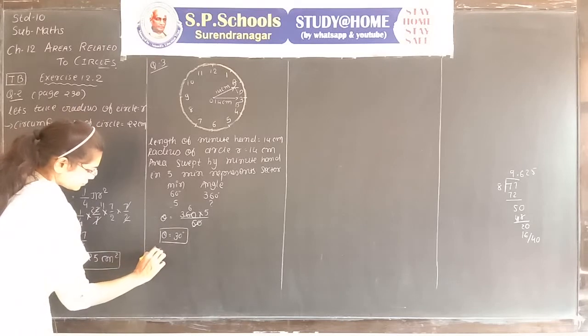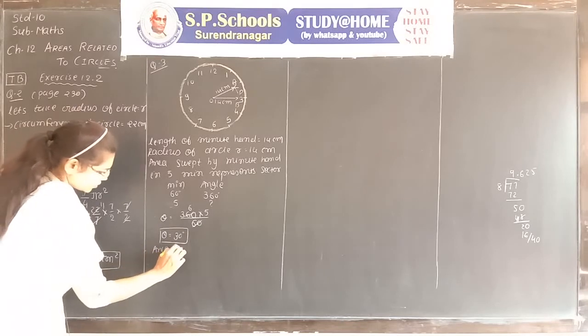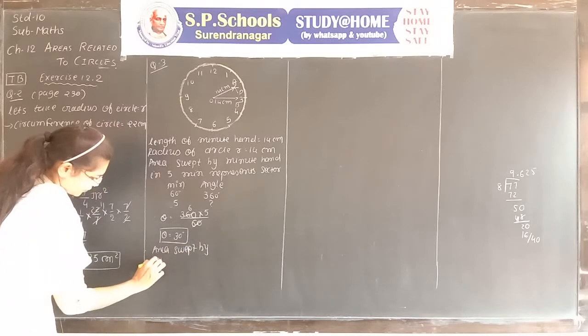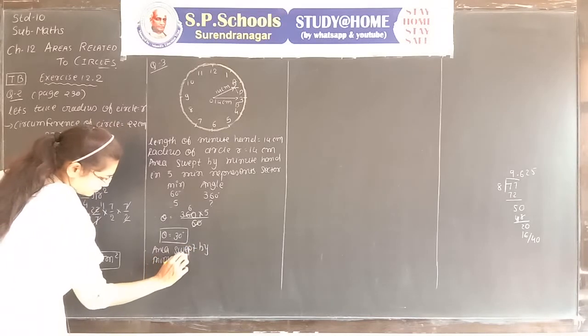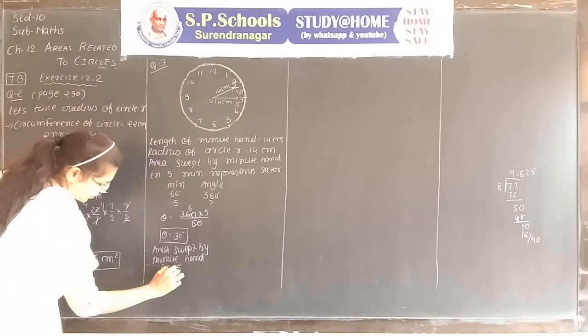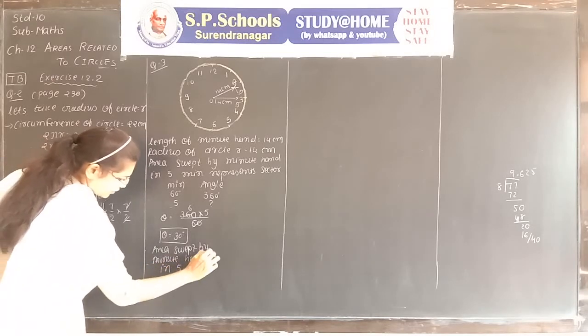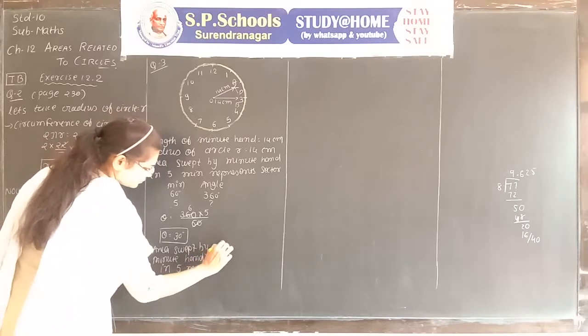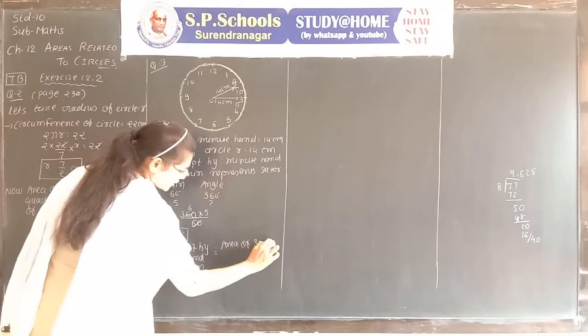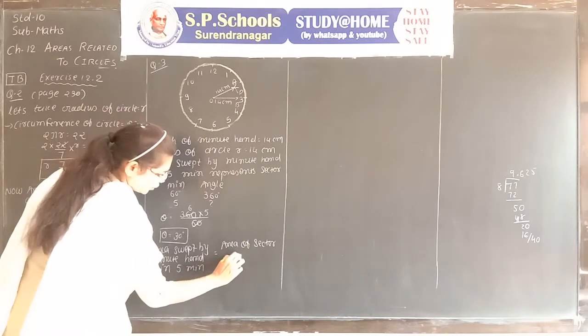Therefore, the area swept by the minute hand in 5 minutes is equal to the area of sector OAPB.